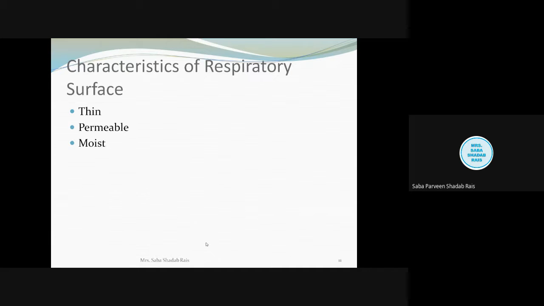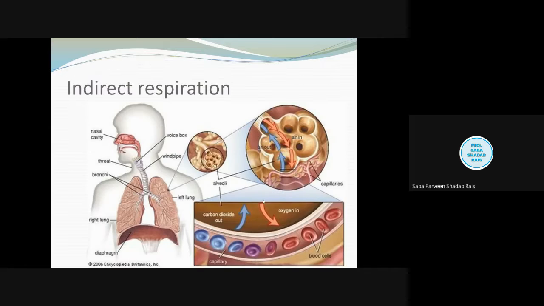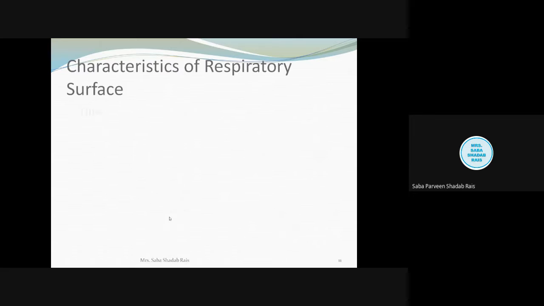Another most important thing you can see here is that it has many chambers, more and more vessels. So it should be very vascular, children. If it is vascular, the respiratory area is going to increase, more and more surface area.